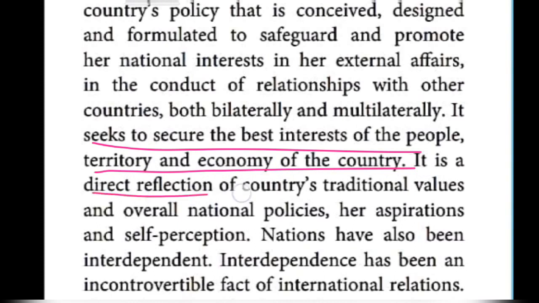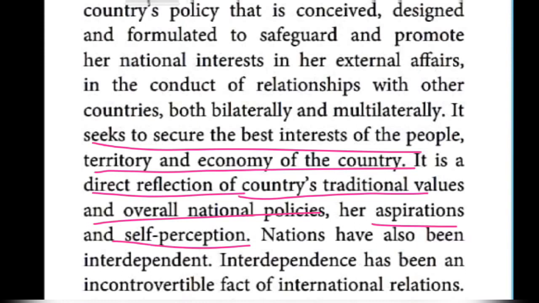Foreign policy is a direct reflection of the country's traditional values and overall national policies, her aspirations. What is meant by aspirations? Ambition. And self-perception.